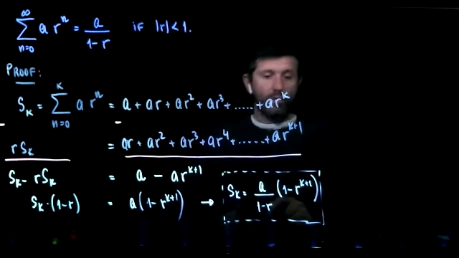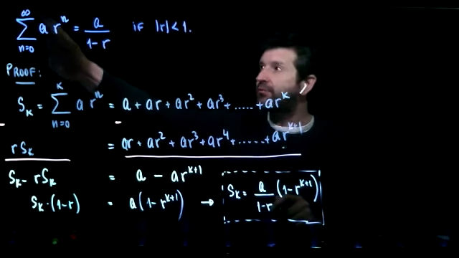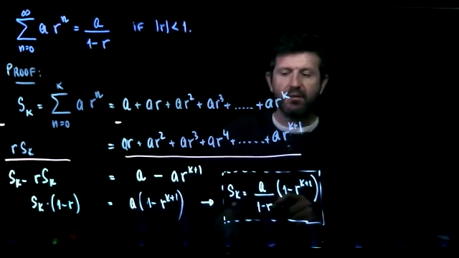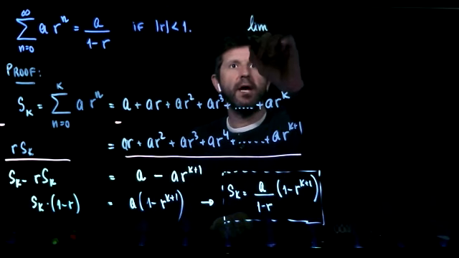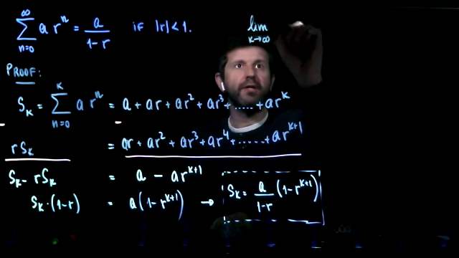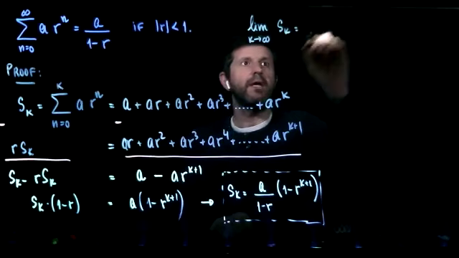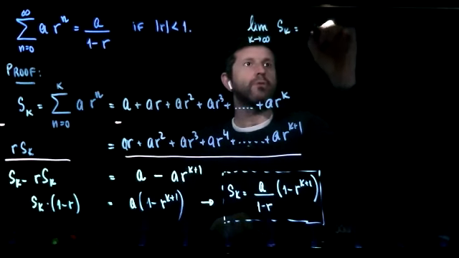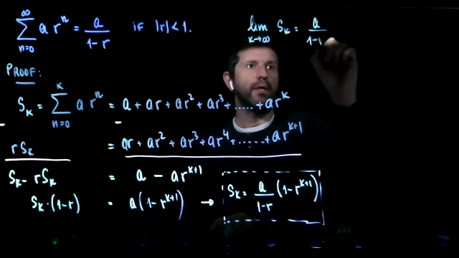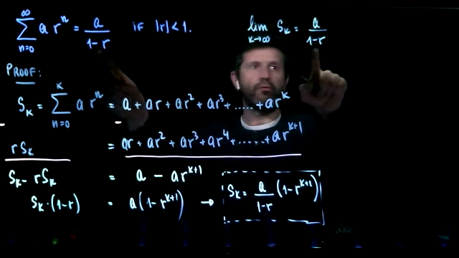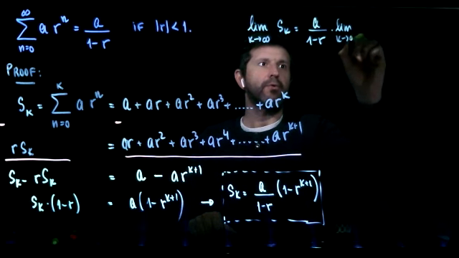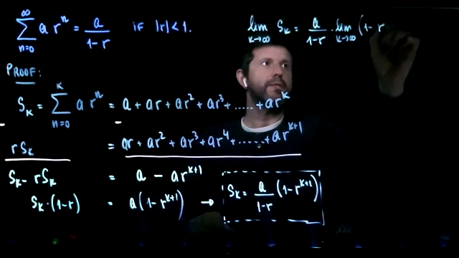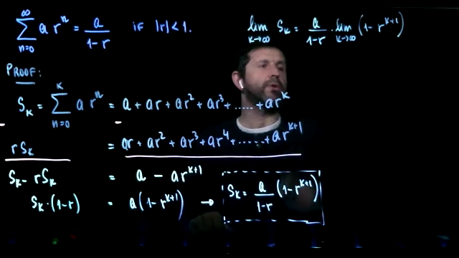So now the only thing we need, to find the sum until infinity, is the limit when k approaches infinity. So the limit as k approaches infinity of s_k is equal to a over 1 minus r, so you recognize already, we're very close, times the limit as k approaches infinity of 1 minus r to the k plus 1.